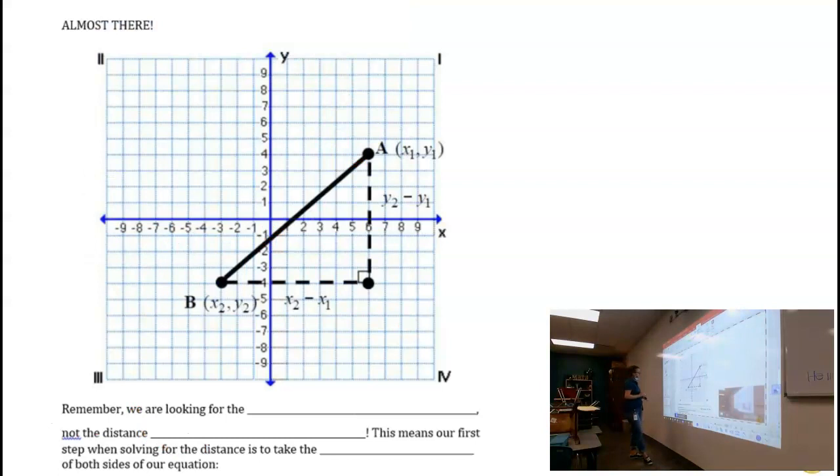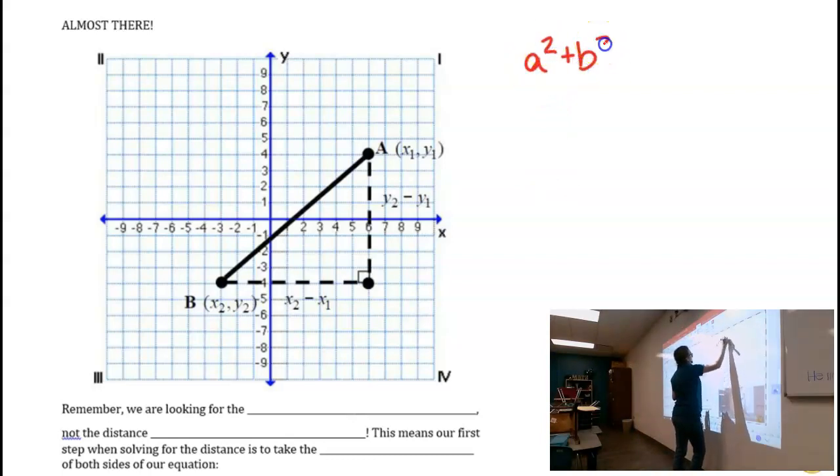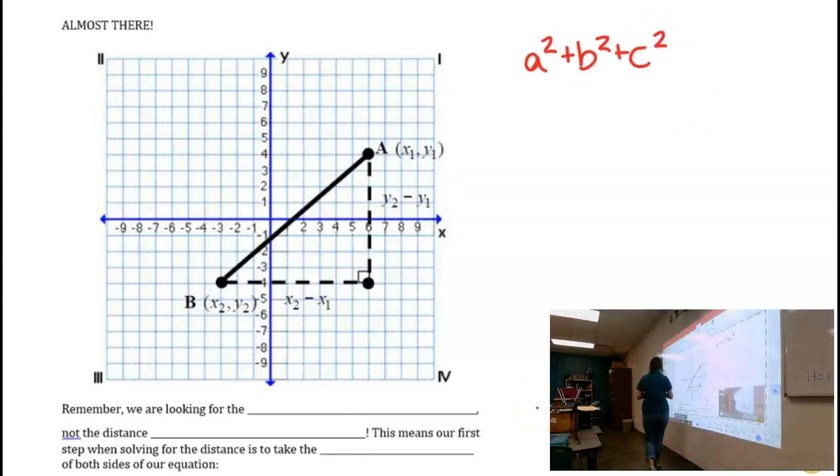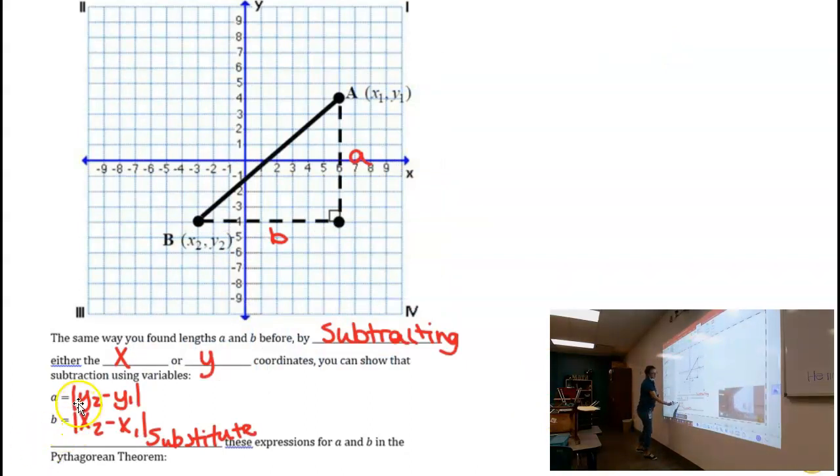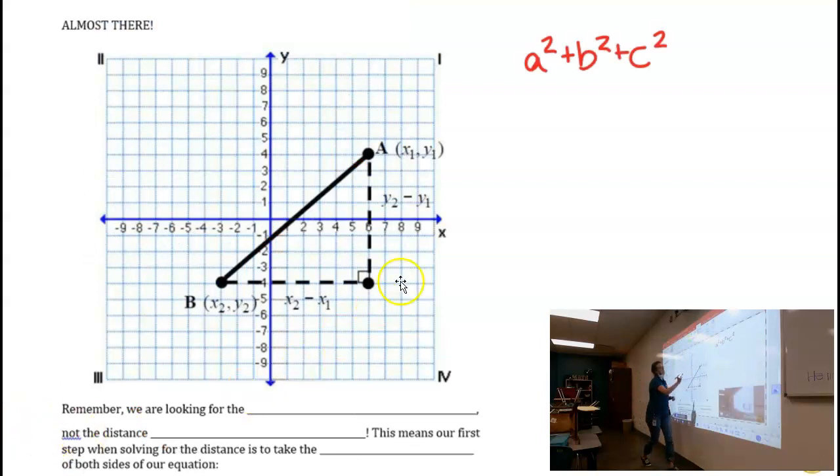And you have space to do that underneath, but I had to go to a new screen because I don't have a ton of space. So my Pythagorean theorem is a squared plus b squared equals c squared. My A length was the absolute value of y2 minus y1.